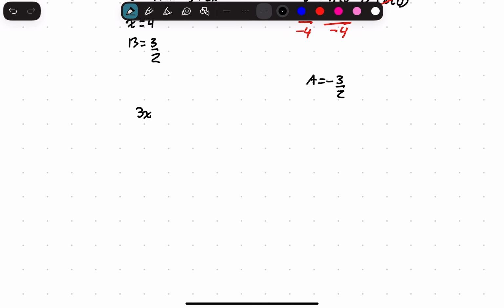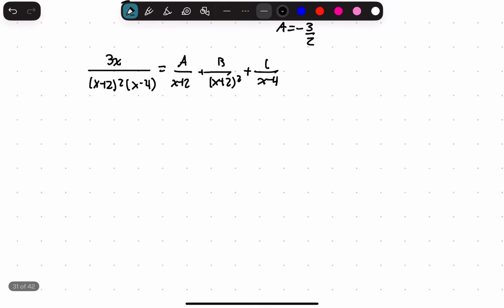Let's say we have 3x divided by x plus 2 squared times x minus 4. That's equal to a over x plus 2 plus b over x plus 2 squared plus c over x minus 4. So we want to solve the system.